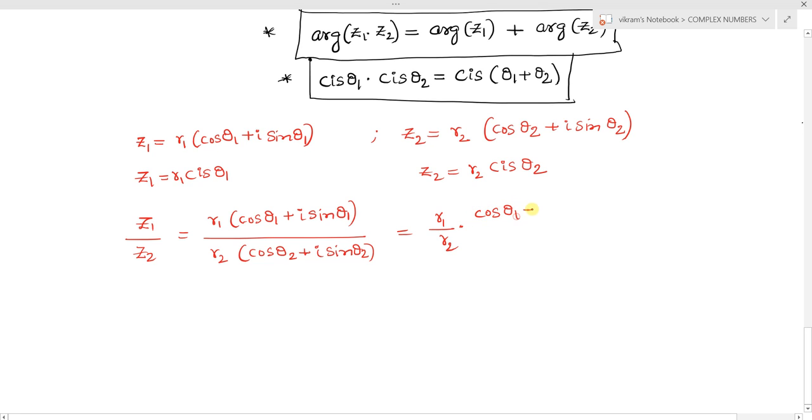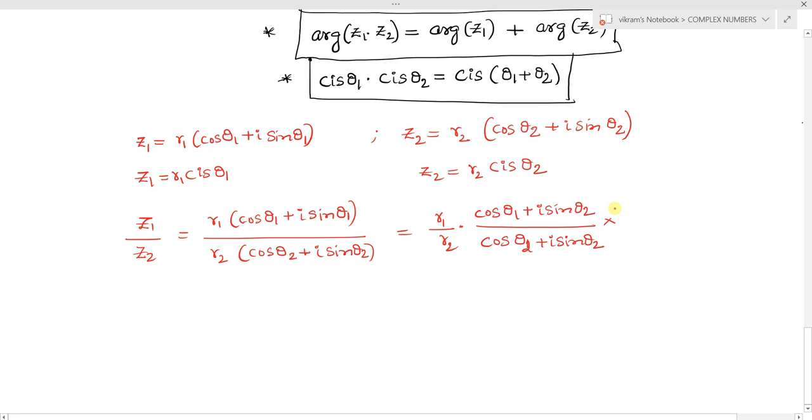If two complex numbers are divided, then simply rationalize with the denominator's conjugate. So what is the denominator?